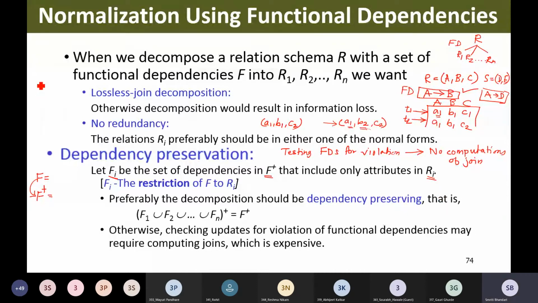So what does this mean now? I have the original relation R, and that relation is decomposed into R1, R2 up to Rn. So in general, I am saying that this relation is Ri. Every relation in this decomposition has some set of attributes. Do you agree with me?